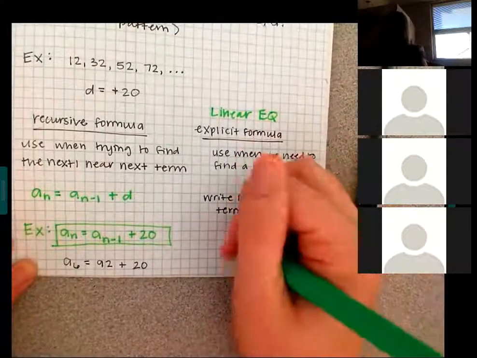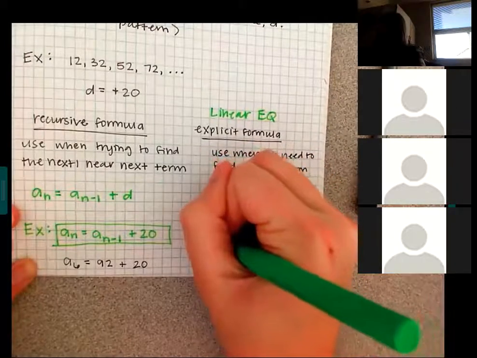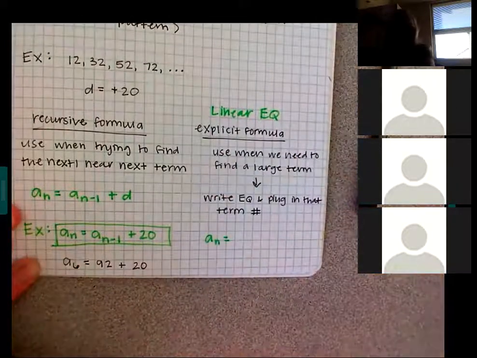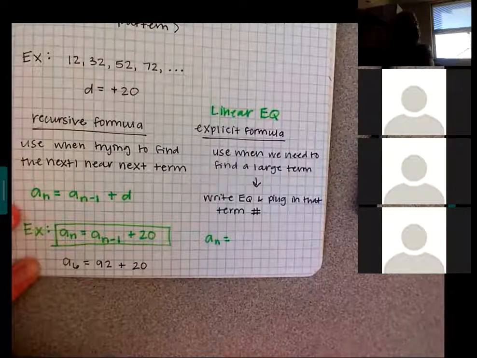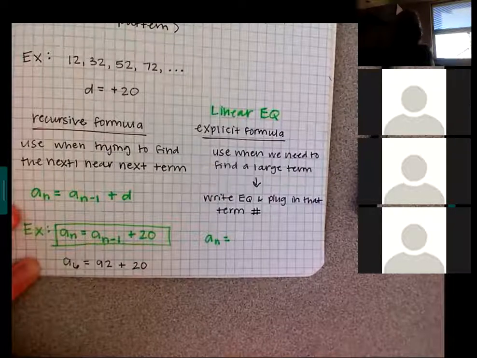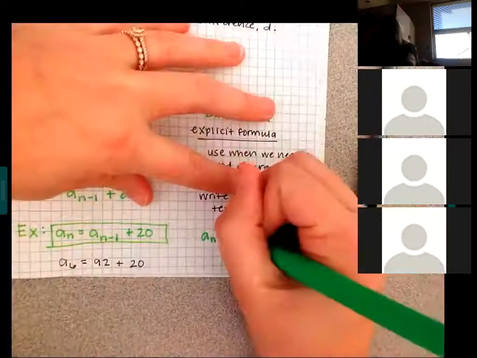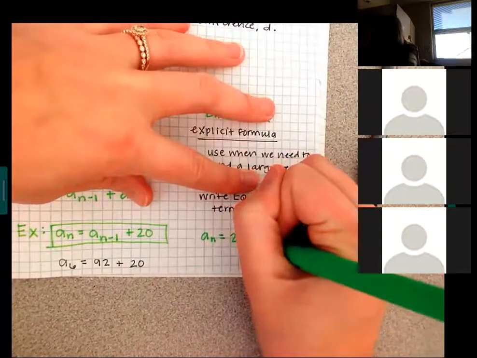So I'm going to use our same example up there. A sub n equals, what are we adding each time? 20. So that's our slope or our rate of change. So you're going to do 20 times n.